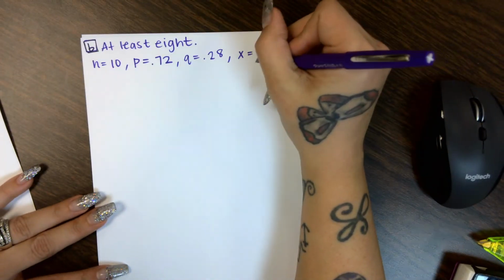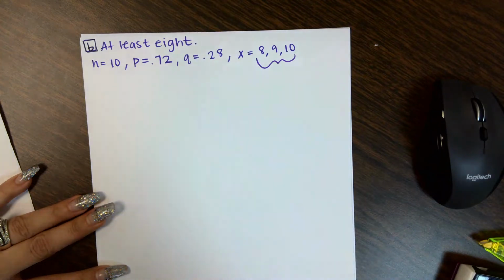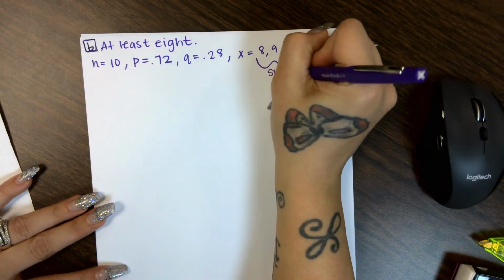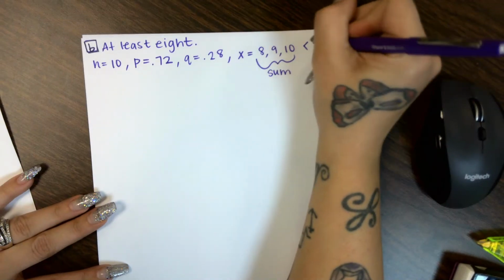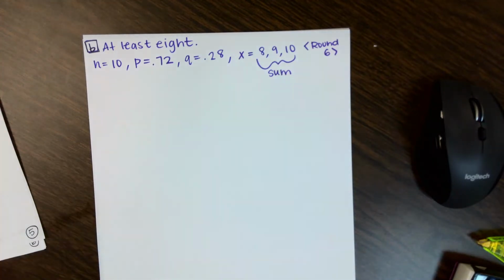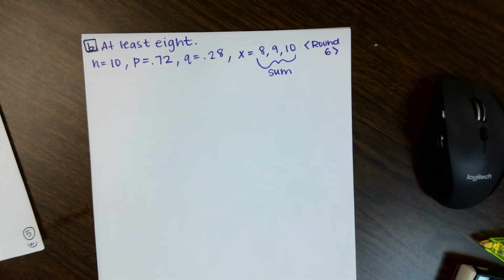And then what I'm ultimately going to do after I find each of their individual probabilities is I'm going to sum them. And here I'm told to round 6 places. So in order to figure out the probability that it's at least 8, I figure out probability of 8, probability of 9, probability of 10, add them all up, that's your answer. Okay?